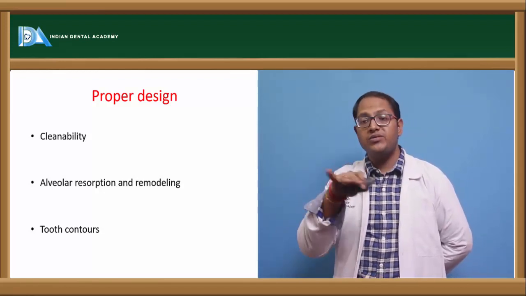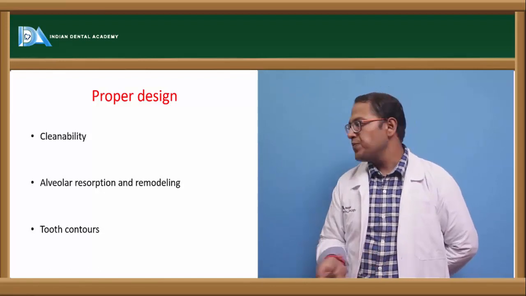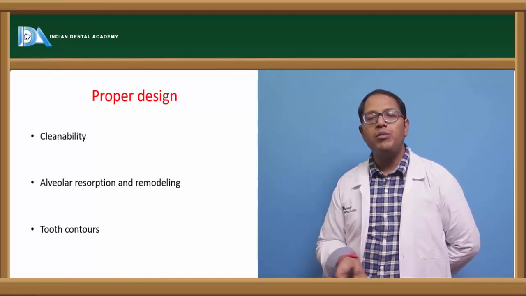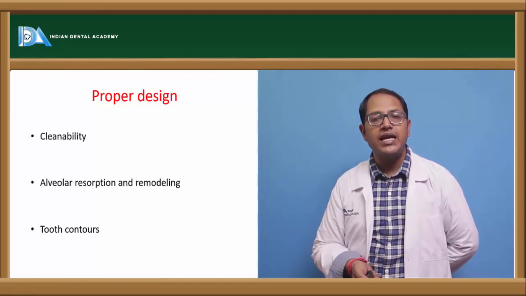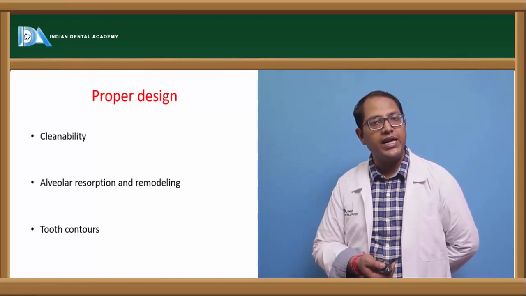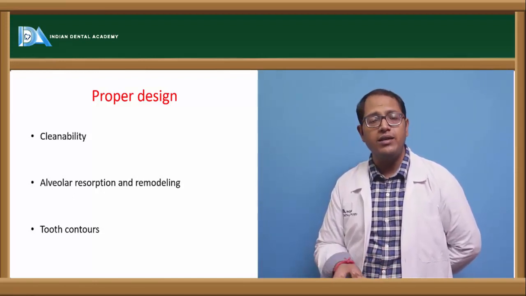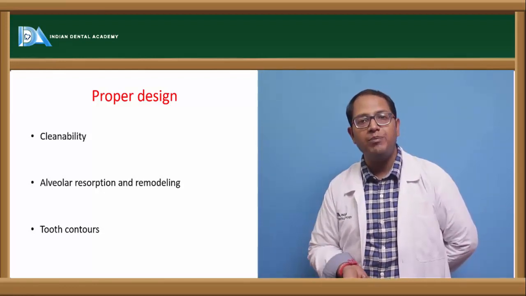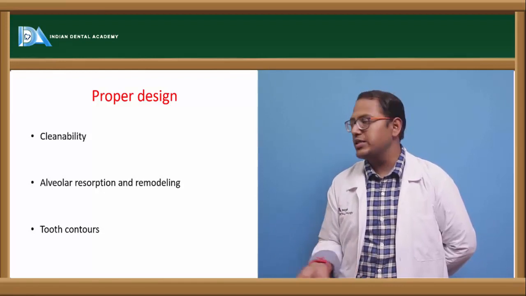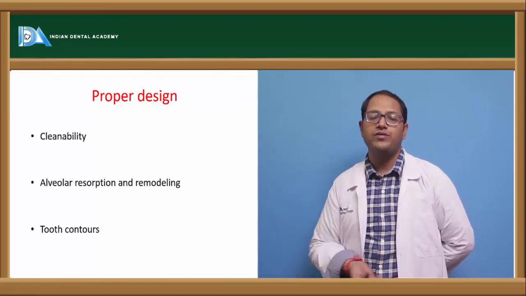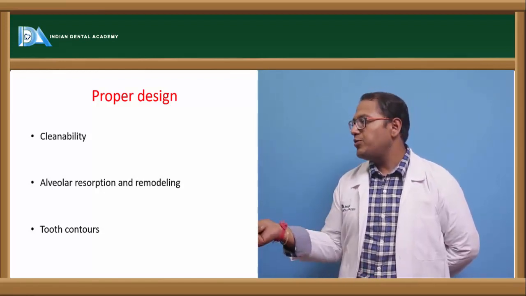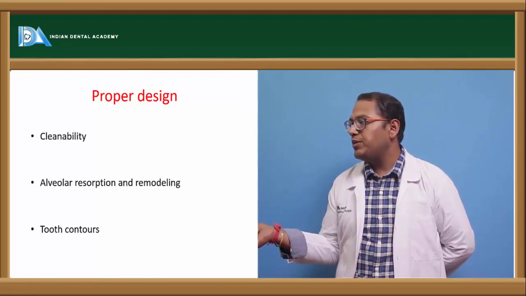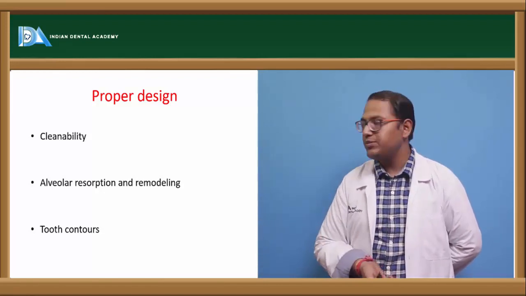It should not be convex, where food can go and get trapped inside. Alveolar resorption and remodeling. If more food is trapped inside, bacterial ingrowth will take place, and then pocket formation, and then what will happen? The biological width will be reduced, and then further the alveolar bone width will reduce, and hence there will be resorption of the alveolar bone. So all this can be prevented if we keep the design of the Pontic cleansable.